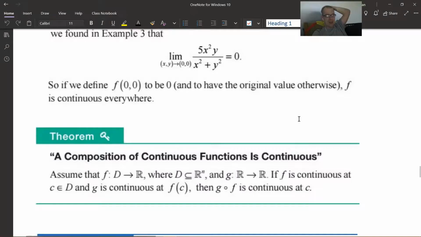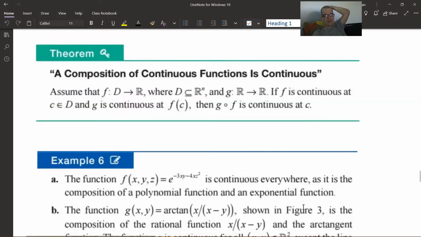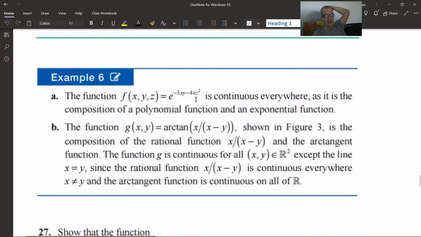This theorem says a composition of continuous functions is continuous. This is something that is really nice to have. It's the same kind of thing that we've relied upon in Calculus 1, but basically this means that if we get functions that look more complicated, we probably want to consider the domain, what values we're allowed to put in for our input variables, here x, y, and z.